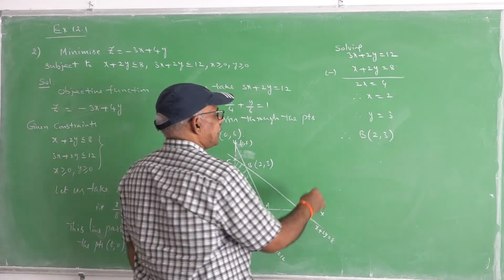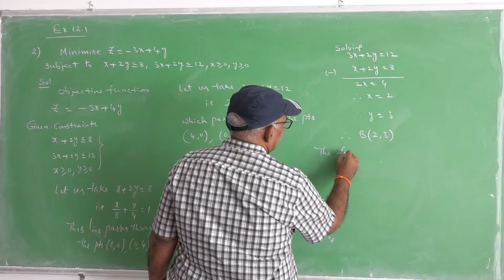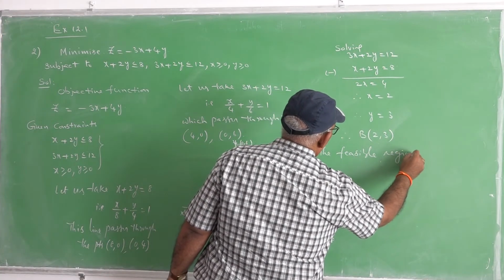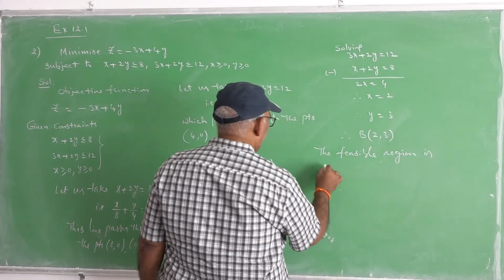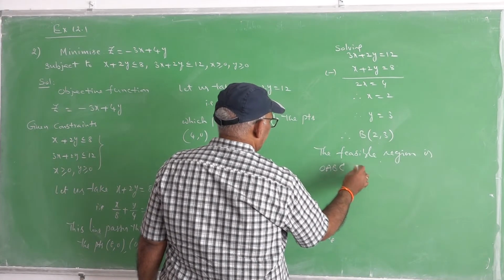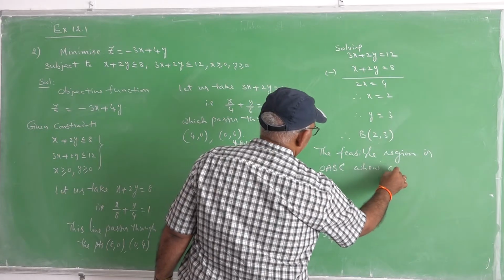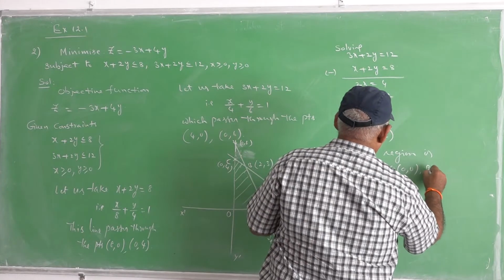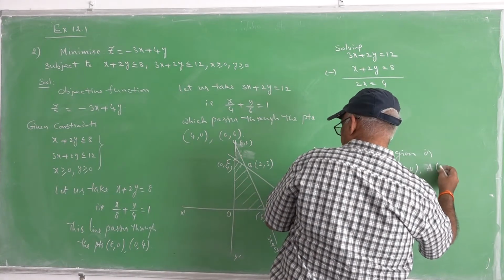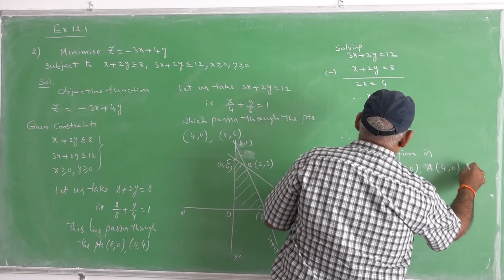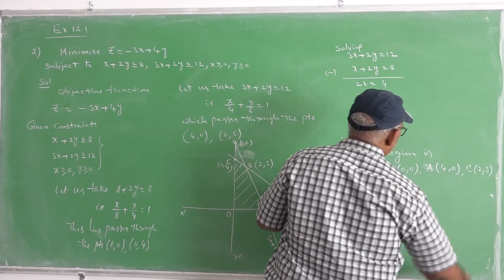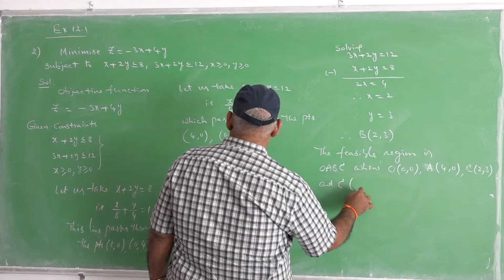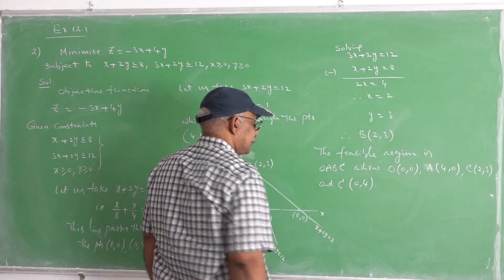Now the feasible region is OABC, where the vertices are O (0, 0), A is the point 4 comma 0, B is the point of intersection of the lines, 2 comma 3, and C, the other vertex, is 0 comma 4.